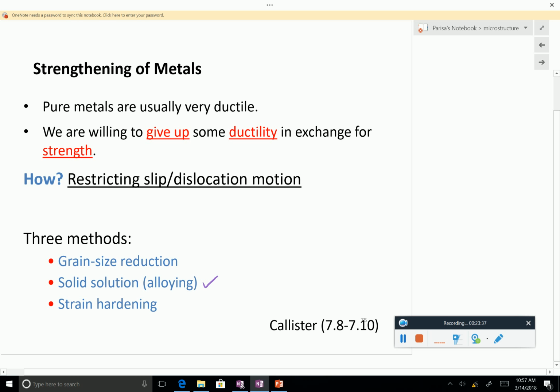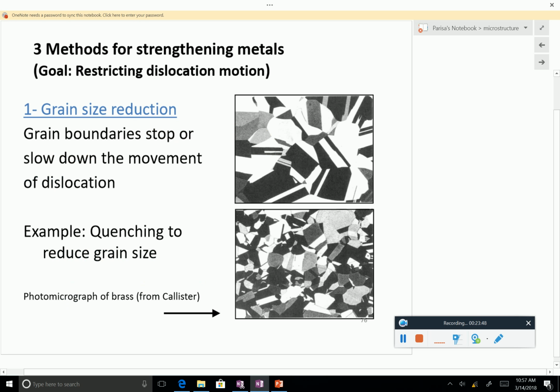You have learned about strain hardening before. The other method, which also is important, is grain size reduction. Grain boundaries also prevent the slip from happening.